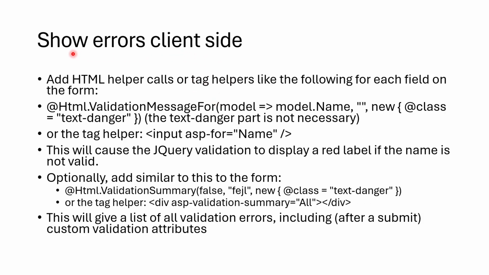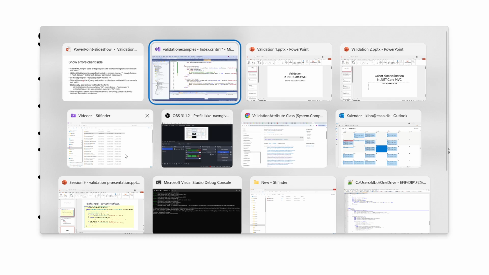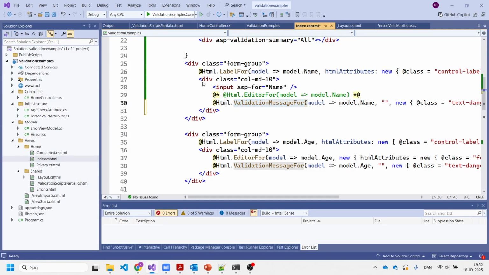Show errors client side. So we need to have either HTML helper calls or tag helpers. If you want to use an HTML helper, you use ValidationMessageFor. If you want to use a tag helper, you type span asp-validation-for equals Name. What that does is it causes the jQuery validation to display the red label if the name is not valid or the age is not valid. Okay, let's see if that's correct, see if it works.